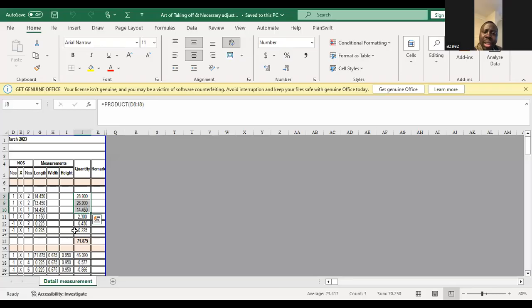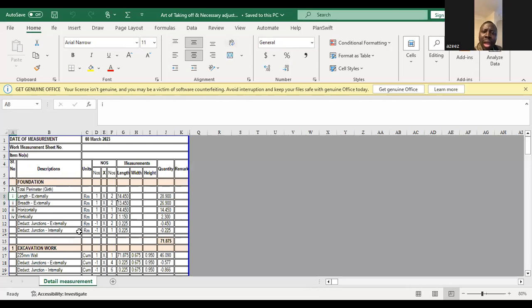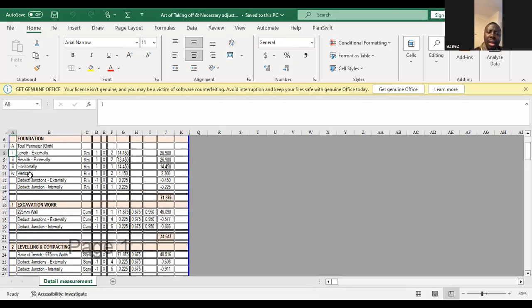Is this supposed to be 14.45? That one you called horizontal, is it supposed to be 14.45 also? It depends on the approach you are using. You can actually remove your 225 times 2 now.